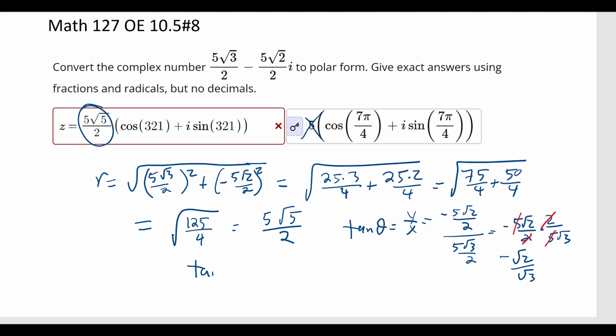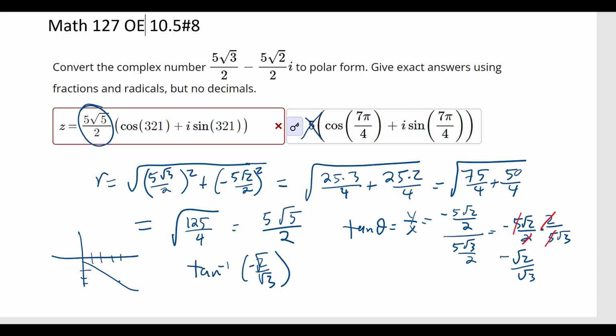I'm going to do tangent inverse of negative square root of 2 over the square root of 3. And just to put it in the right quadrant, we are down here, so it is that quadrant there. And I don't worry about the scalings. I'm just going with the positive x and the negative y. So we get our calculator out.